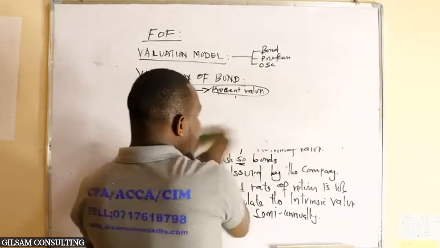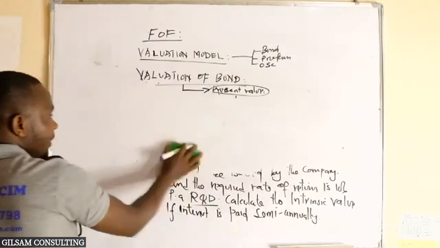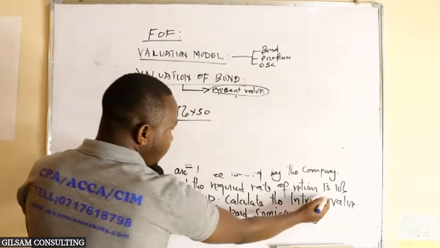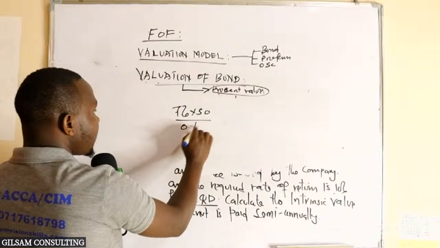Naona kamera ina karibu kusima, tuharakishe hii. So 7% of 50, you divide by the cost of debt, which is 10%, which is 0.1.